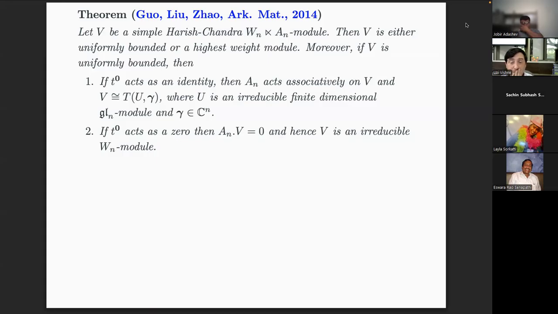Moreover, if V is uniformly bounded, this is very crucial: if T0 acts as identity, then automatically An is forced to act associatively on V, which gives a tensor field module. And if T0 acts as 0, then your whole An acts trivially. So this was a very crucial result.